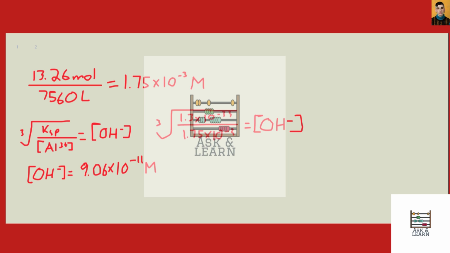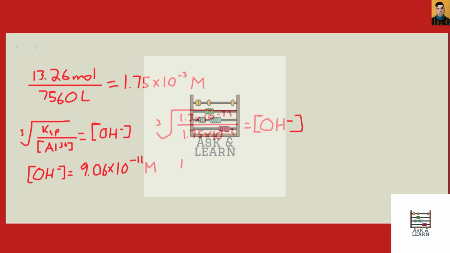So now that's going to be the concentration above which our aluminum hydroxide is going to precipitate. You can see that's a very low concentration of hydroxide, so this is going to precipitate pretty readily when we put it in solution.